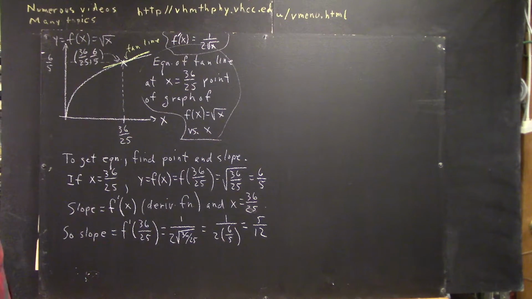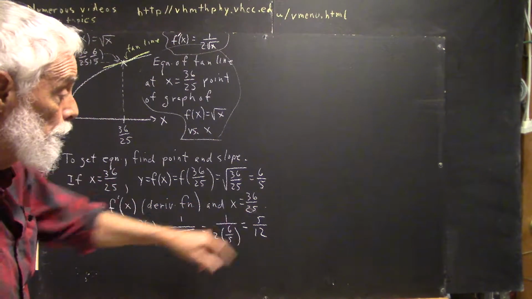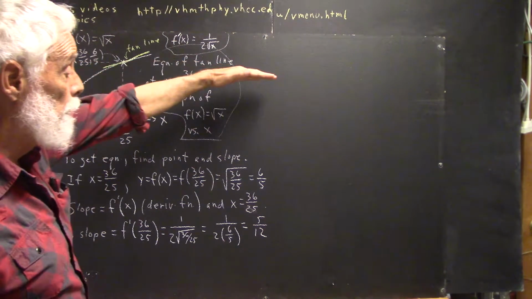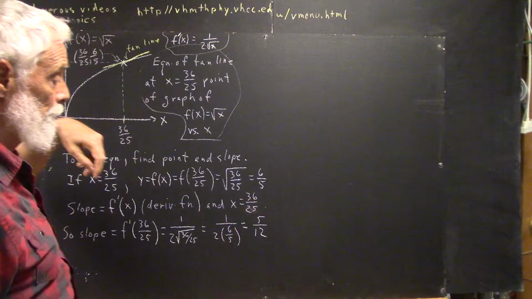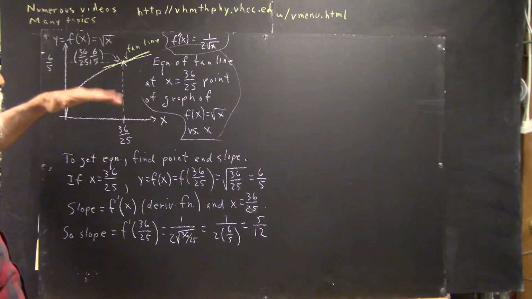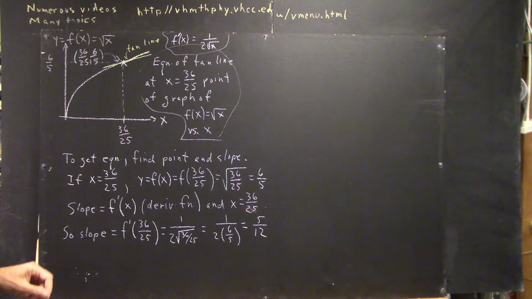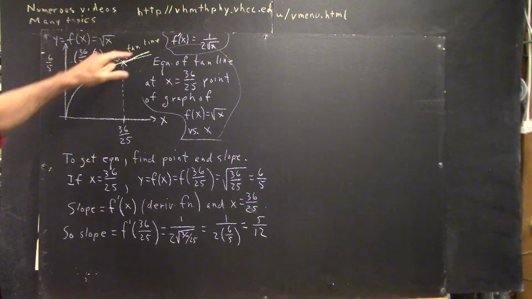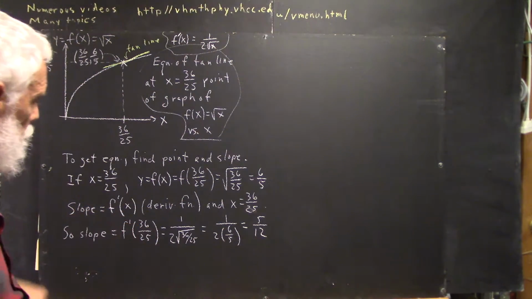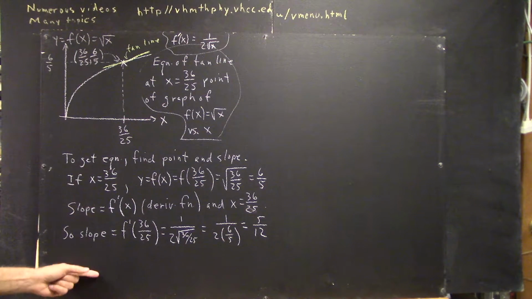Okay? So now we know the slope is 5/12. And what does that mean? That means for every run of 12 we have a rise of 5. So the rise is a little less than half of the run, so the slope's about like that. This probably isn't too bad of a depiction of that slope. Of course this graph is just regarded as a schematic, but it's a schematic that has some of the characteristics of the graph to a reasonable extent.